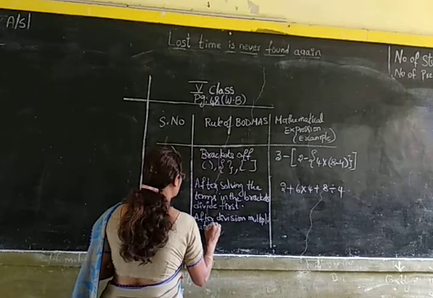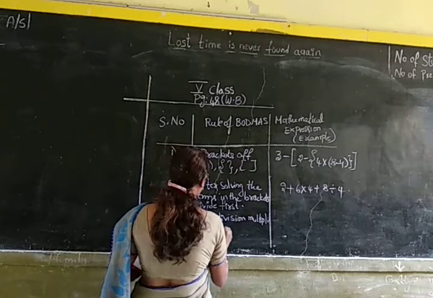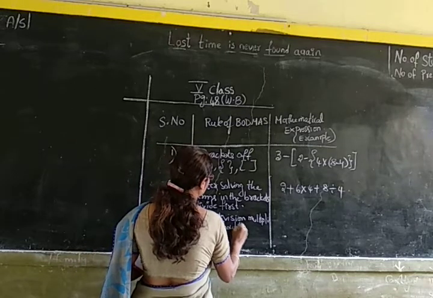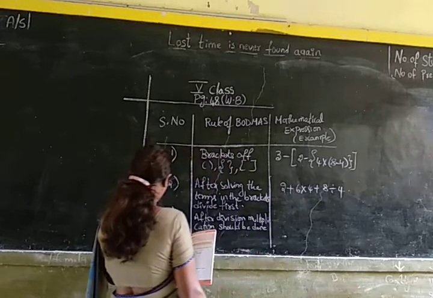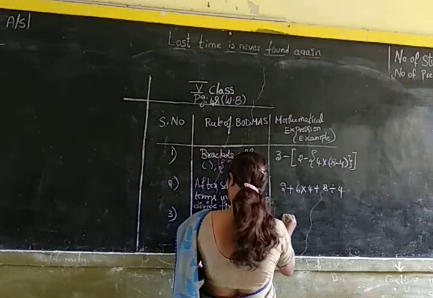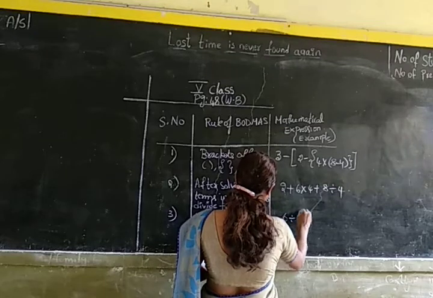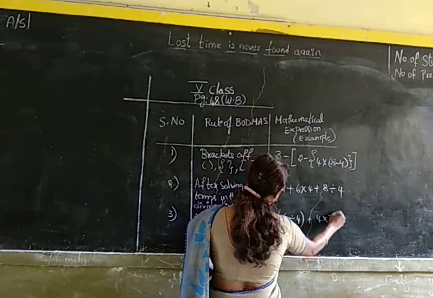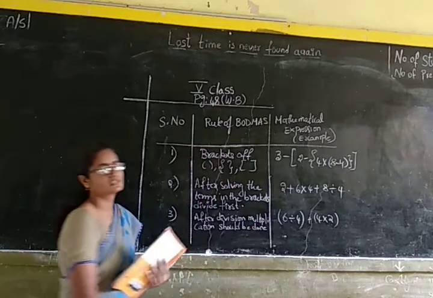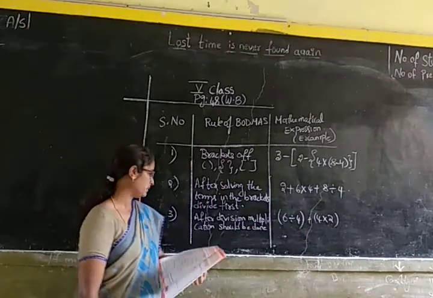So the example expression is 6 divided by 4 plus 4 into 2. So after division, you have to do the multiplication.